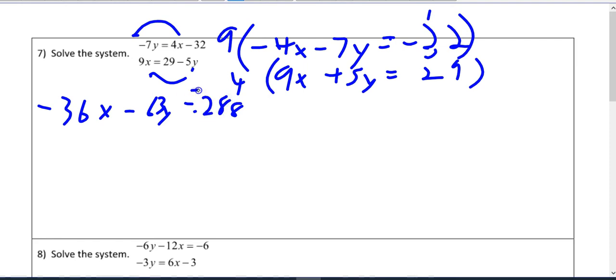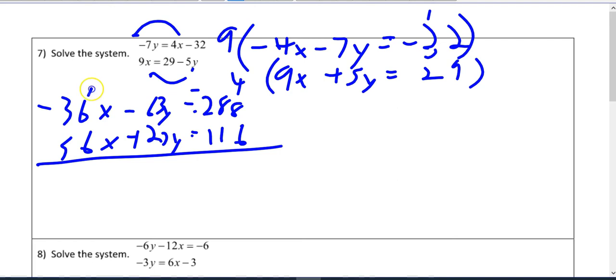Negative 288. Then multiply by 4, I'm going to get positive 36x, which will cancel, plus 5 times 4 is 20y, and then 4 times 29, 116.